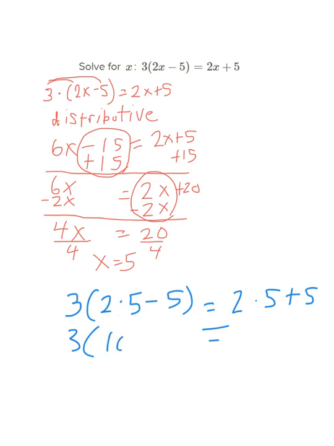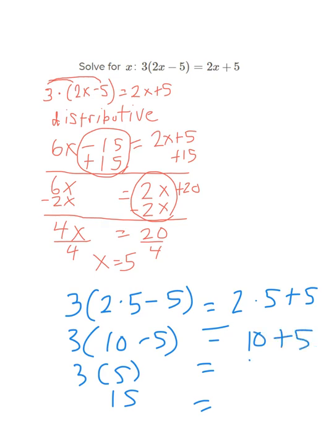So I have 10 minus 5. 10 minus 5 is 5, and 3 times 5 is 15. On the right-hand side, using order of operations, 2 times 5 is 10. So 10 plus 5. 10 plus 5 is 15.